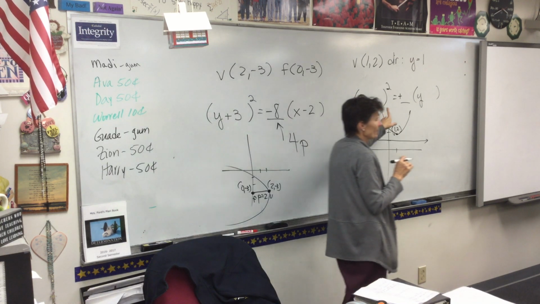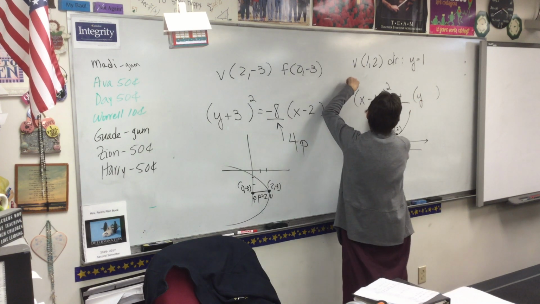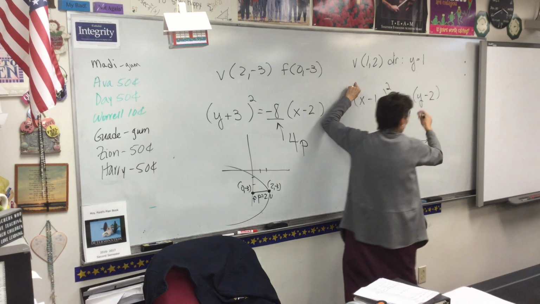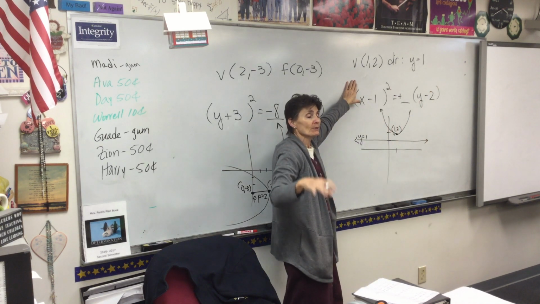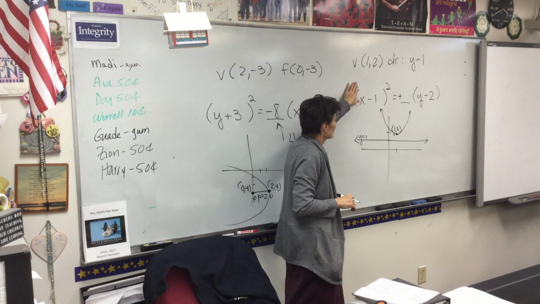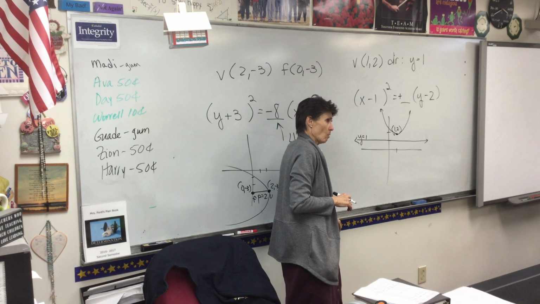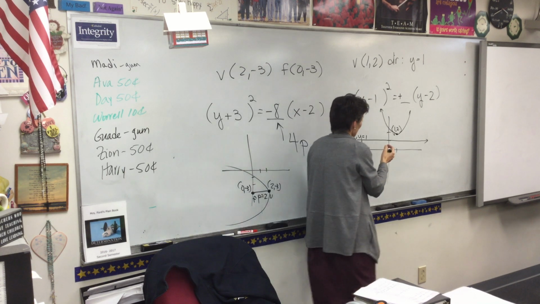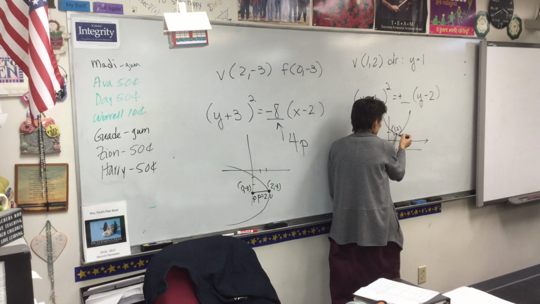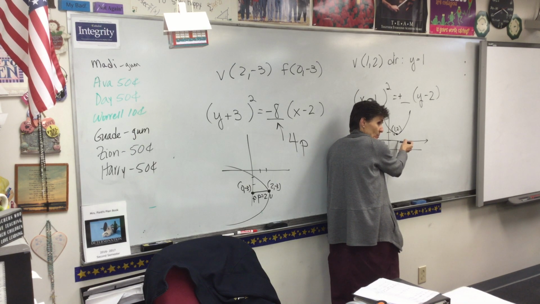So now can I fill in these parentheses? (x minus 1), (y minus 2). Just remember to get x with x and y with y. Now, I obviously came down 1 to get my directrix.